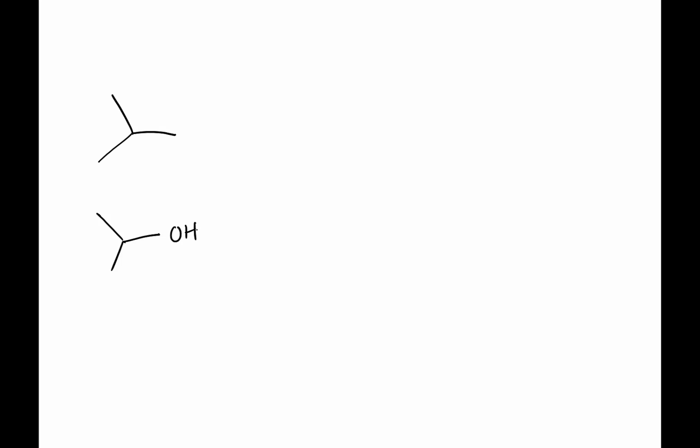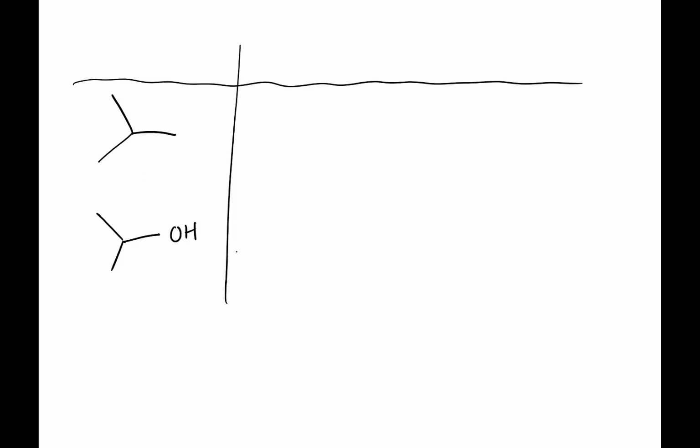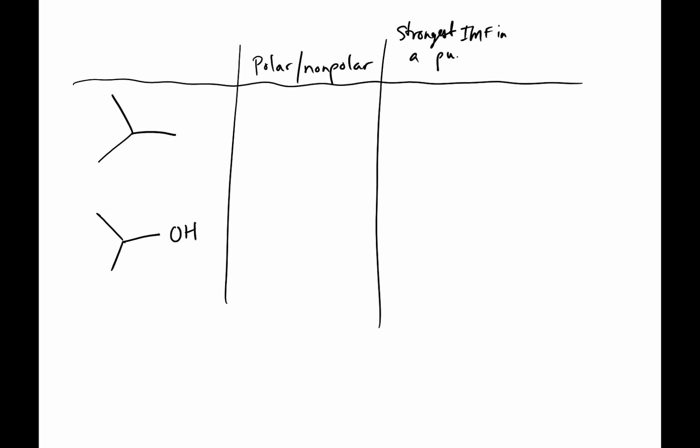Okay, let's try to talk about why that might be true. Okay, so I guess we could write molar masses here, but often what we'll do, right, is polar or nonpolar. Okay, strongest IMF in a pure sample. Okay, and then we could do boiling point. Okay, and we'll just do degrees Celsius.